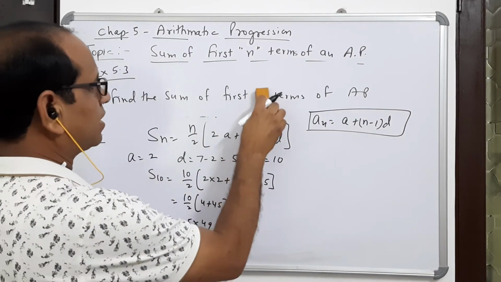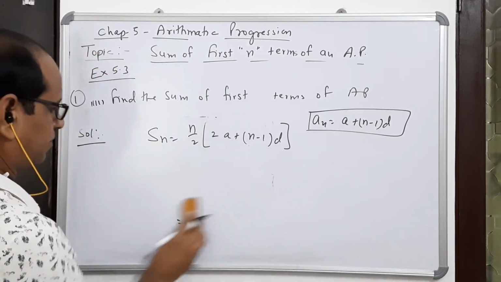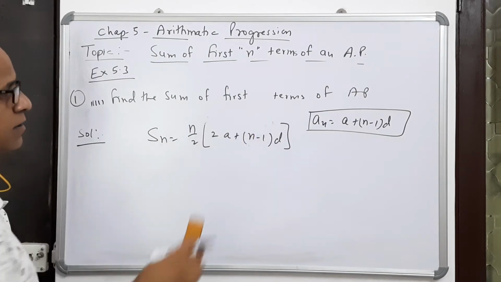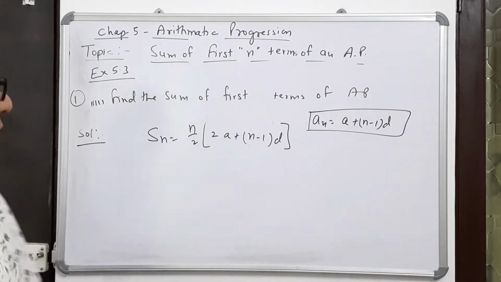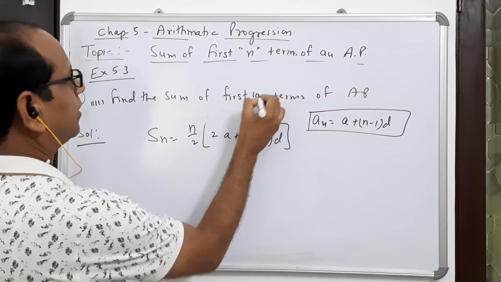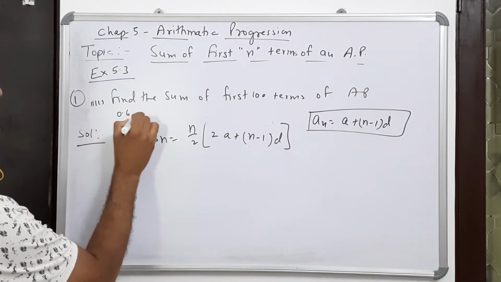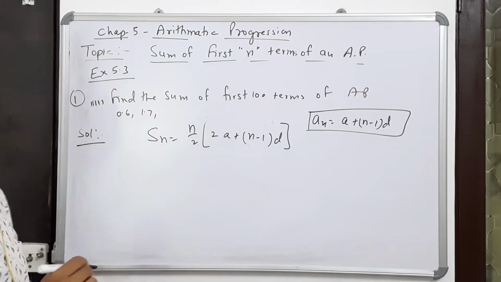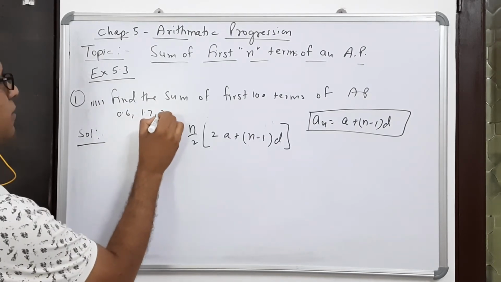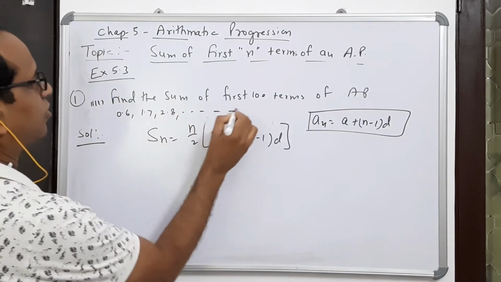Find the sum of the first 100 terms of the AP, and the AP is 0.6, 1.7, 2.8 and so on.